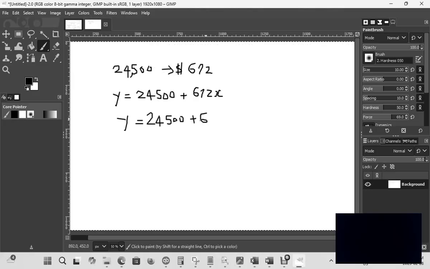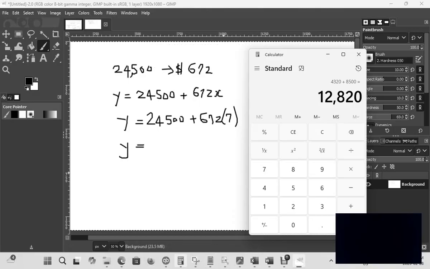So this is 672, that's the increase in price, into 7 years. So Y equals 672 into 7 plus 24,500. This will be a total of 29,204.